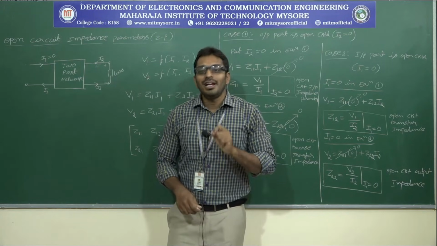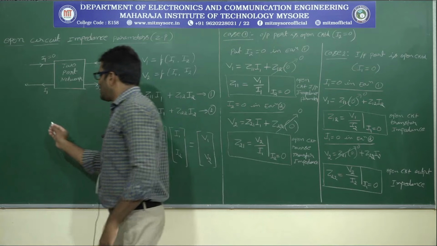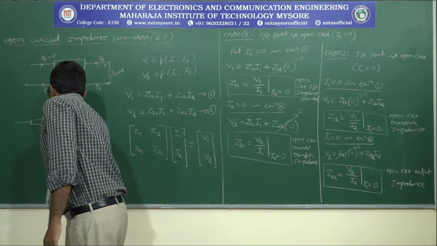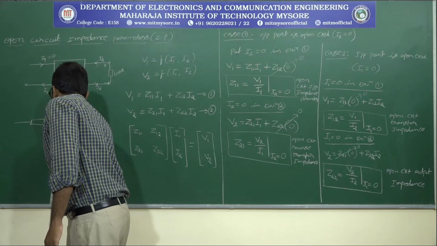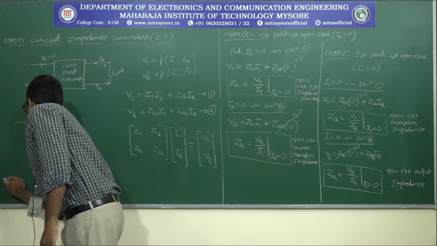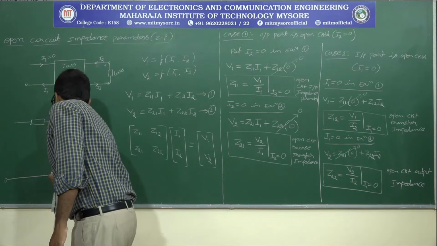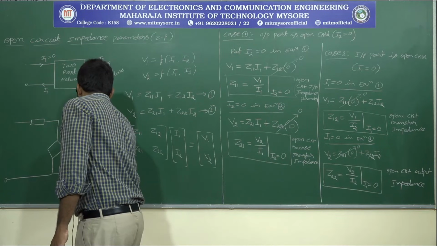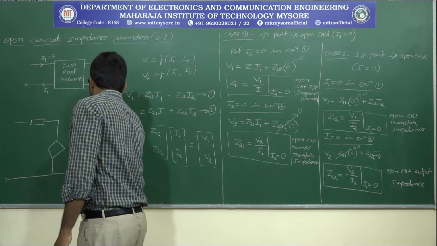Finally, the equivalent circuit diagram is this, which consists of impedances along with dependent voltage sources.